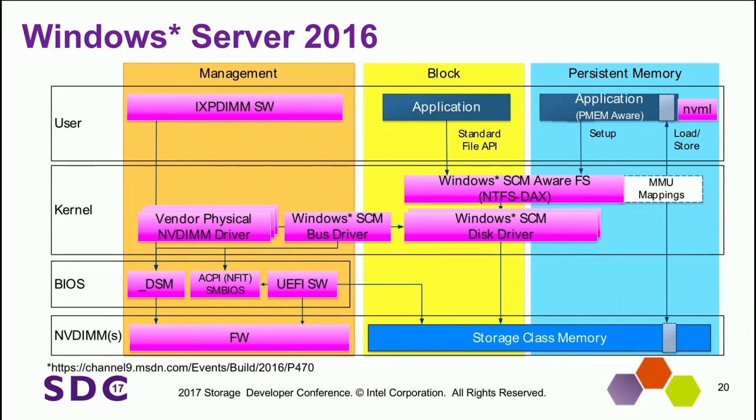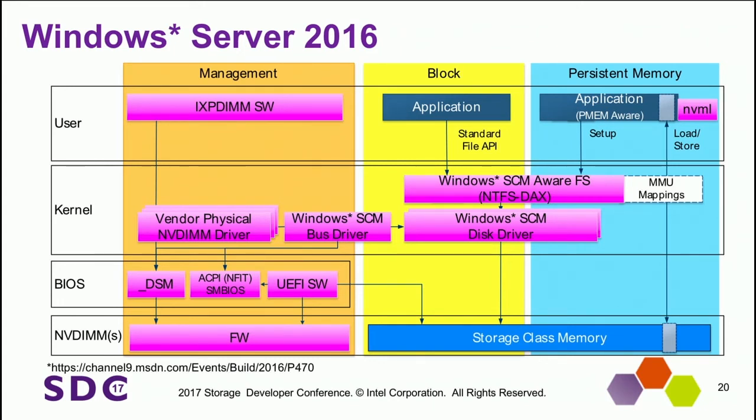They have a bus driver included in the Windows OS for SCM, and then they have a disk driver per persistent memory namespace and an NVDIMM driver instance per DIMM. So while Linux has one instance that handles all the regions, Windows has one instance per namespace.